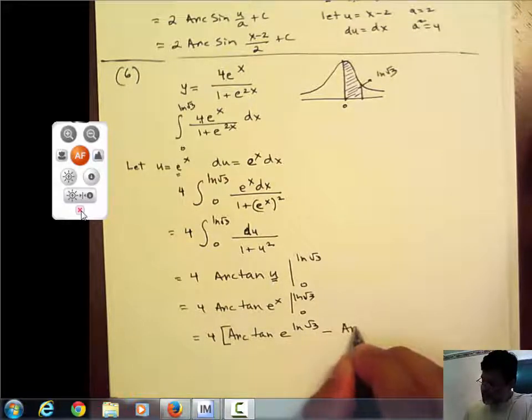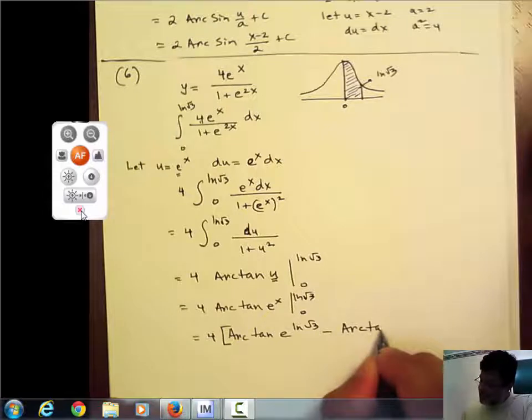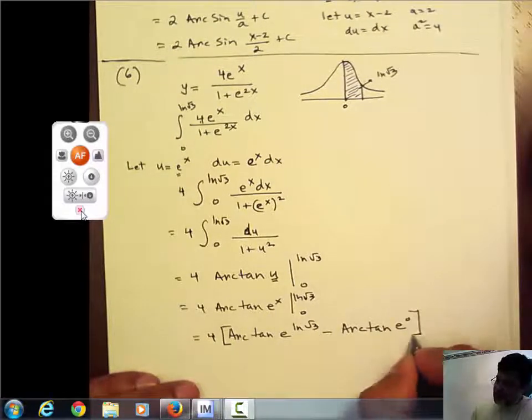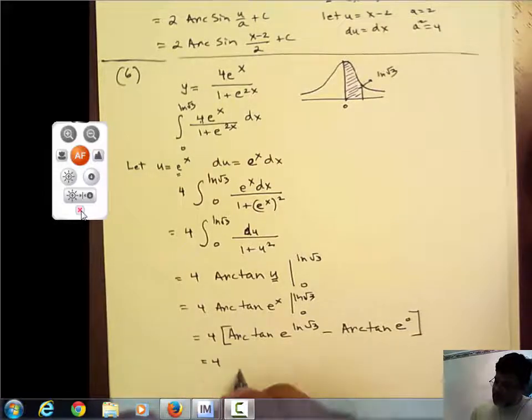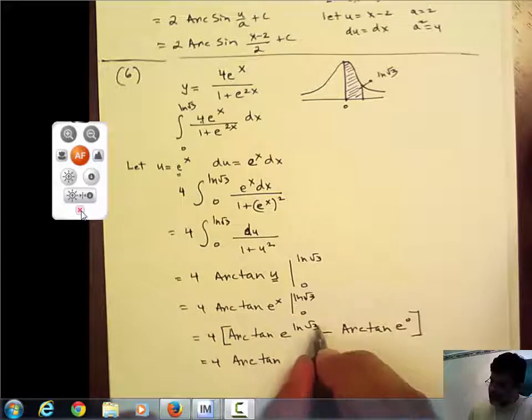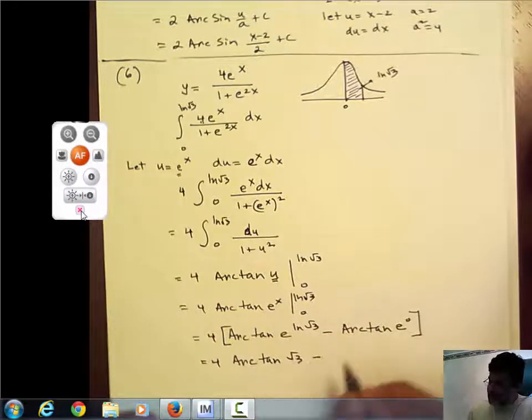This comes from the formula of definite integral. So we have to find arctan of e to the ln of something, which is that thing, and arctan of 1.